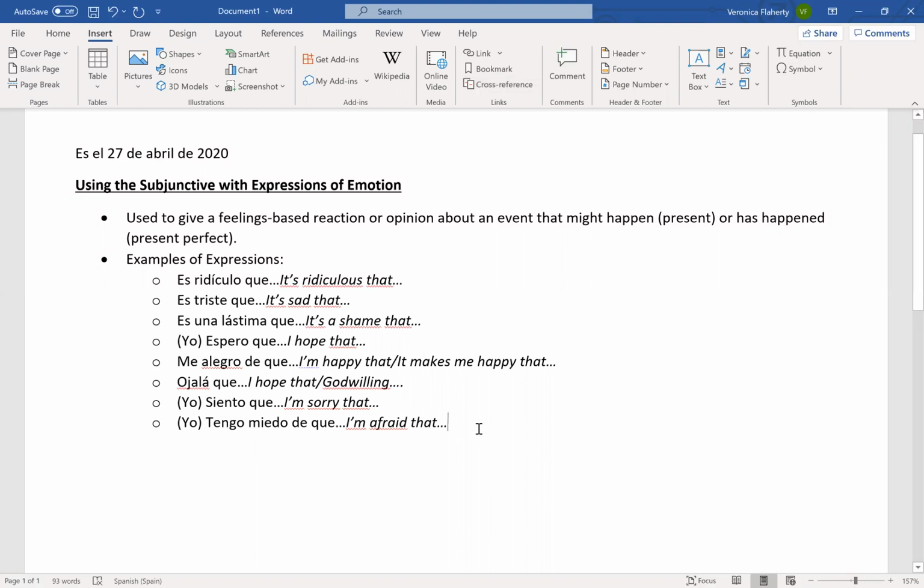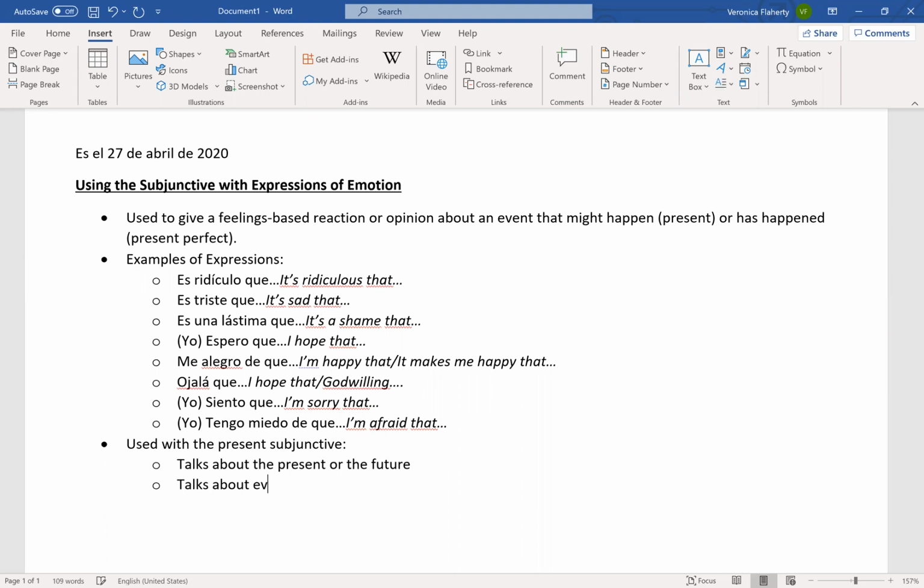And these can be used with either the present subjunctive or the present perfect subjunctive. So used with the present subjunctive, it talks about the present or the future, events that may or may not happen or be happening.